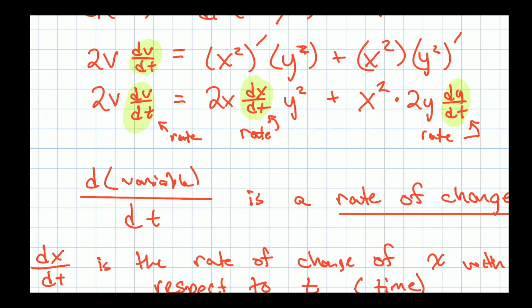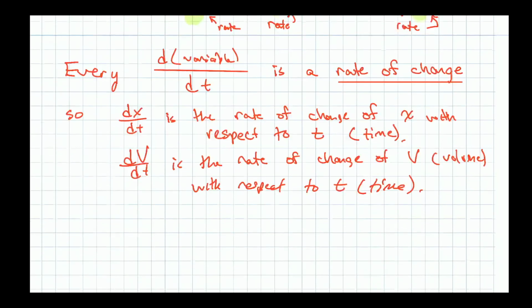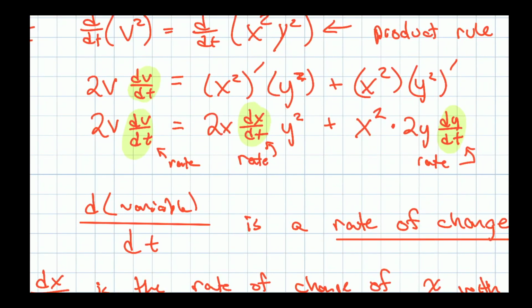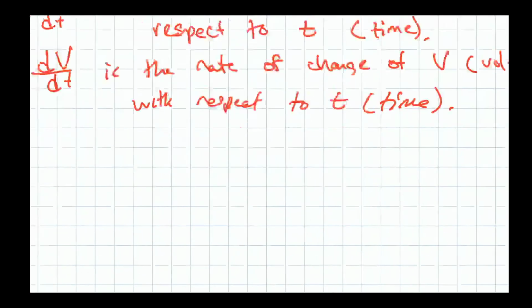How are they related? Well, they're in an equation together, and the equation is how they're related. So that's why this section is called related rates. So what you're going to be doing is writing an equation like this, and then all you're going to be doing is plugging in numbers for everything except 1, and whatever you don't plug in a number for is what you're trying to solve for.